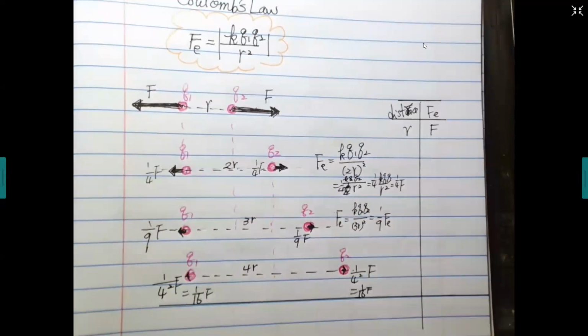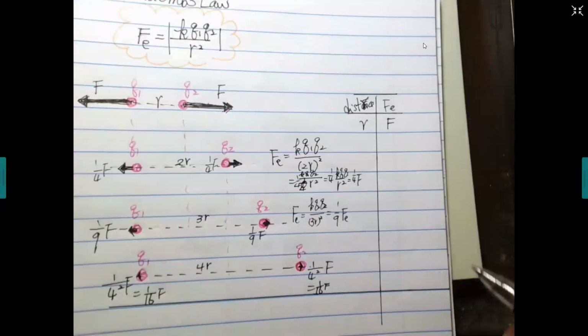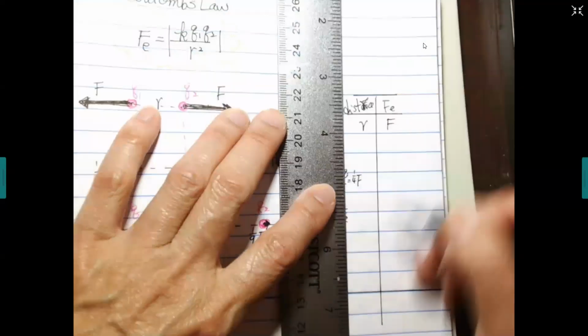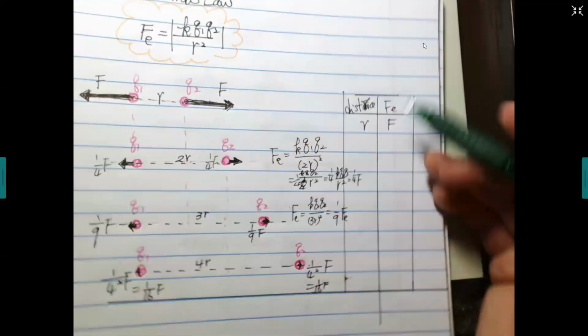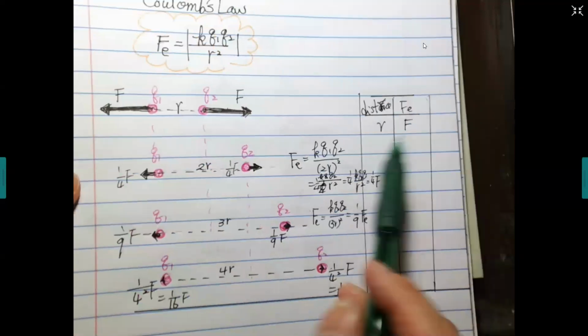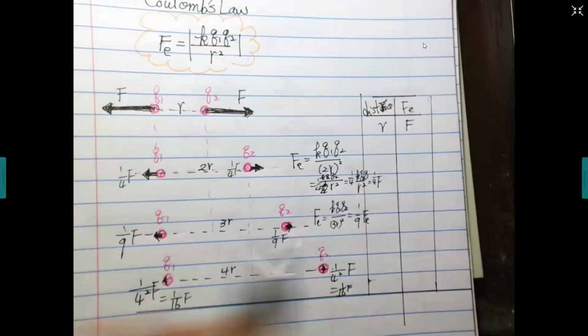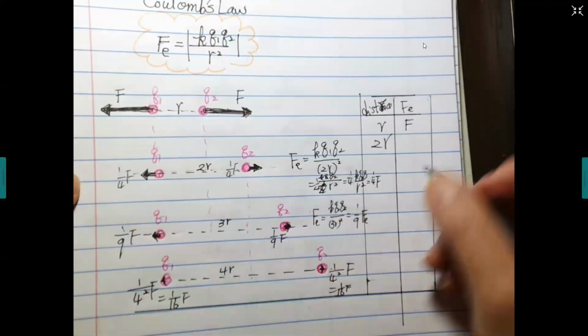Let's practice a little bit with this chart right here. When the separation between them is r, the electric force is F, just like this case right here. Now, when separation becomes 2r, like this case right here, the electric force becomes a quarter.